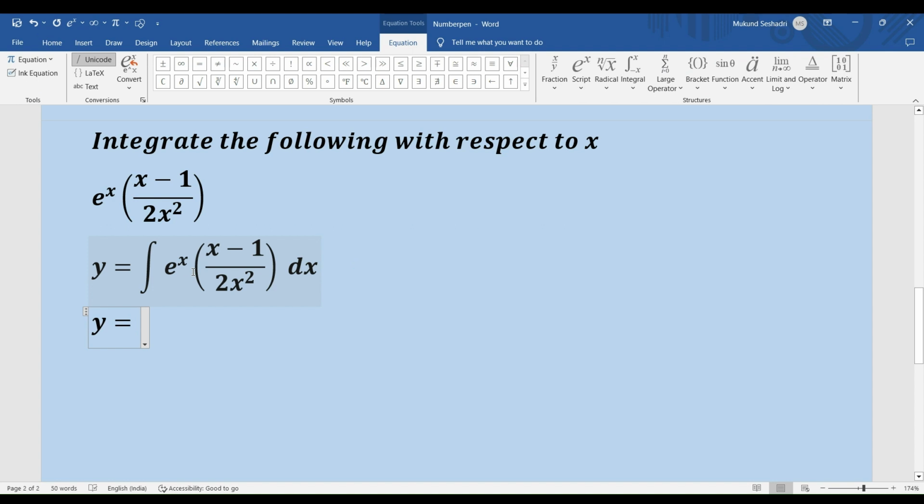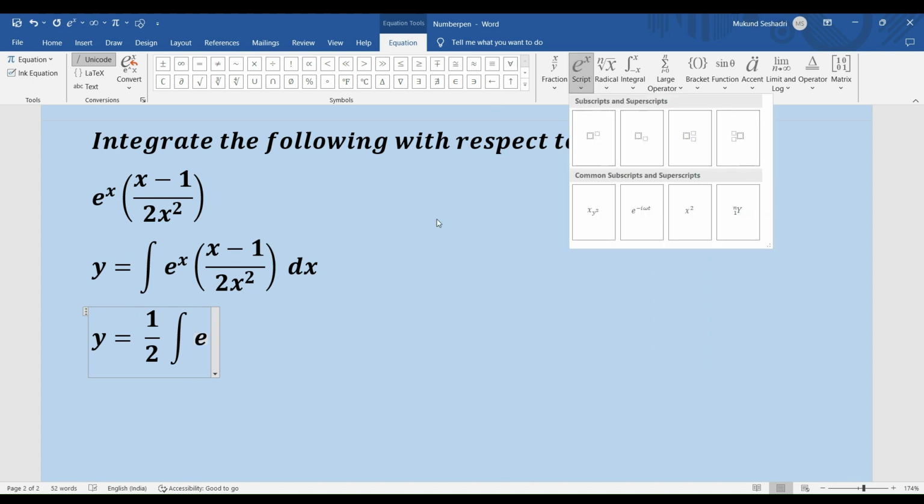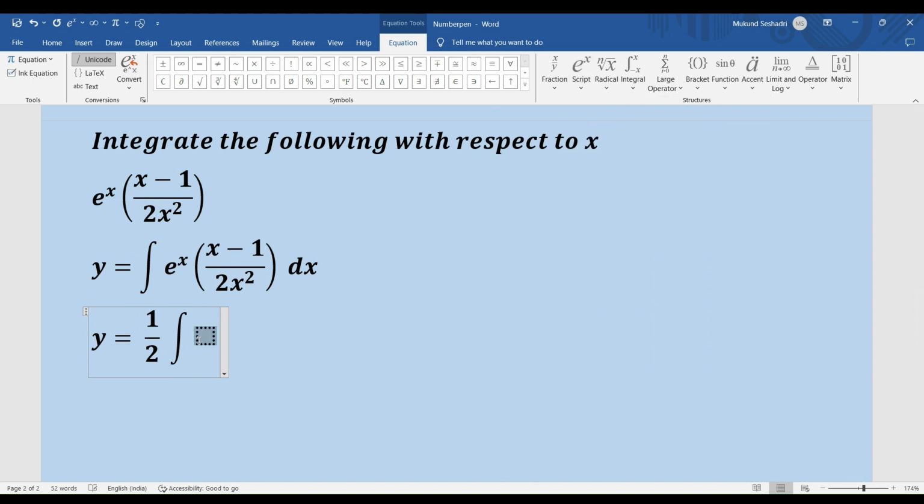So I'm going to rewrite my y in a slightly different way. I notice that I have a 1 by 2. So I pull out that 1 by 2 outside the integral. And then when I rewrite the expression inside the integral, I have an e to the power x, which I write as it is. And then what I will have inside the bracket now is x minus 1, the whole divided by x square, right?